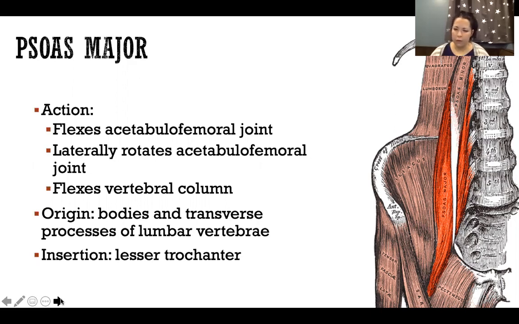So of course, if we are bringing, in this case, the origin closer to the insertion, then that would be flexion of the vertebral column. Now let's say the vertebral column stays stationary and we bring the origin towards the insertion. That would be flexion of the acetabulofemoral joint because it does cross the acetabulofemoral joint, down to the lesser trochanter of the femur.